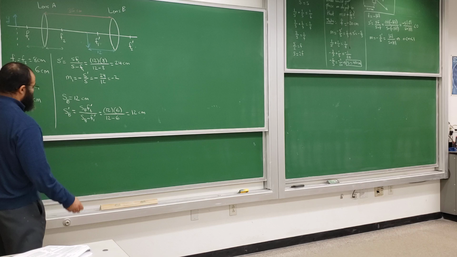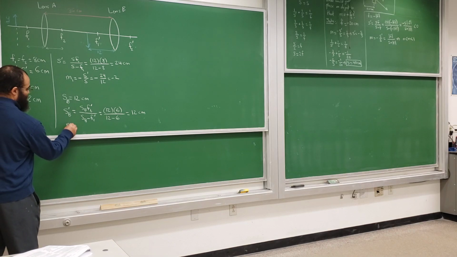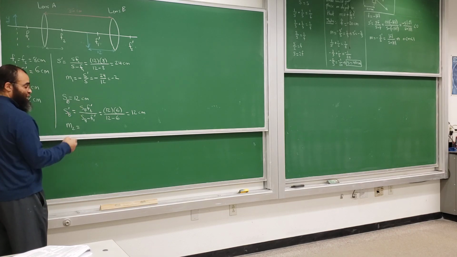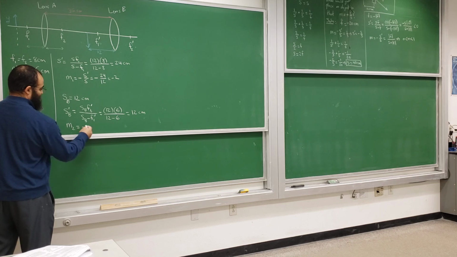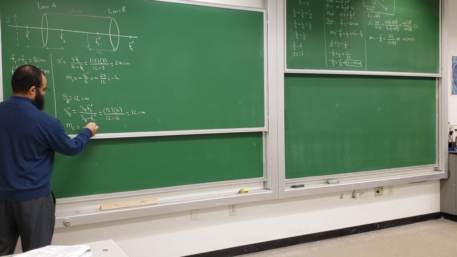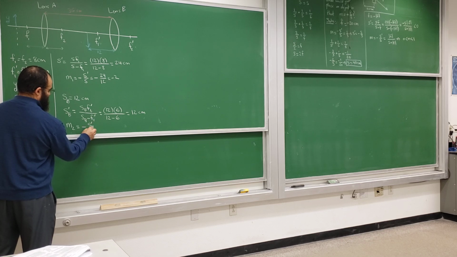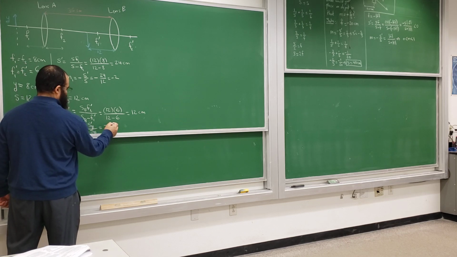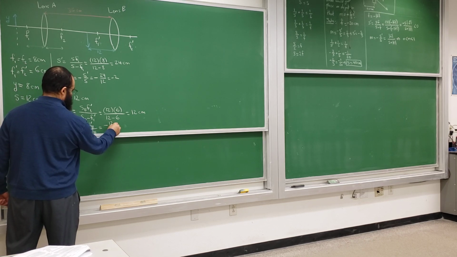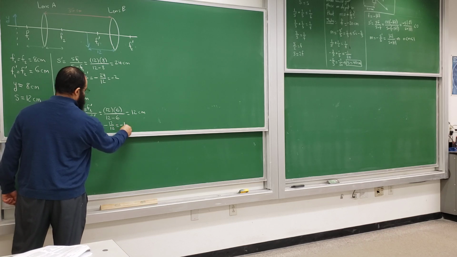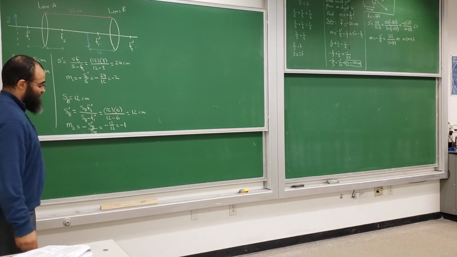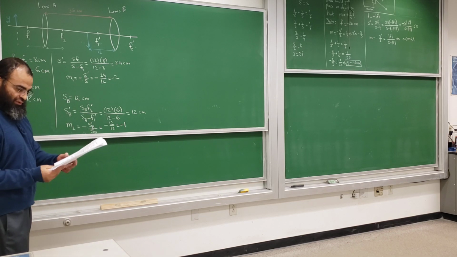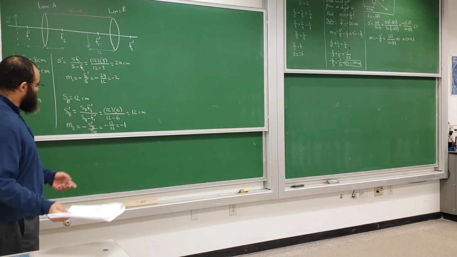Therefore, the magnification, let me call it M2 now, from this other lens will be minus SB prime over SB. That will give me minus 12 over 12, which is minus 1, right? It seems correct.